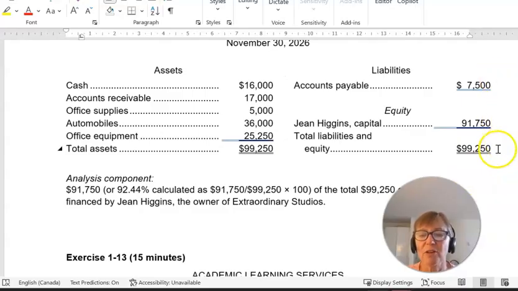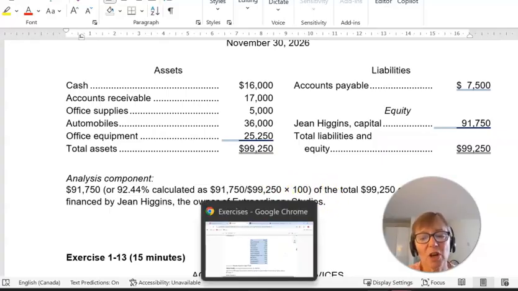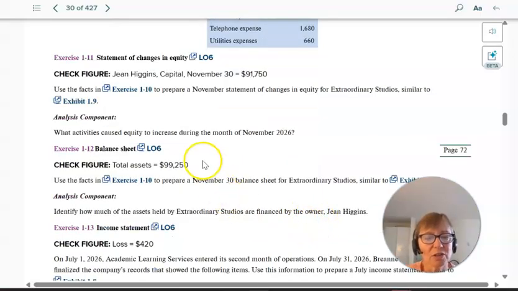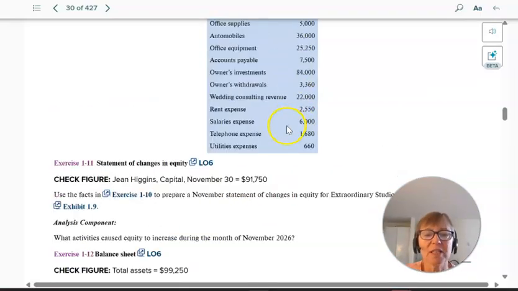Add those two together, which is 99,250. And the total liabilities and equity balances with our total assets. Okay. Let me know if you have any questions, and we know we've balanced with our check figures, 99,250, 91,750.